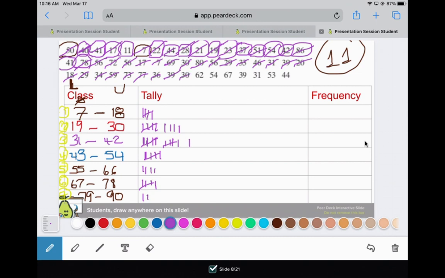Right here. 30, 62, 54, 67, 39, 31, 53 is right here, and 44. Okay.